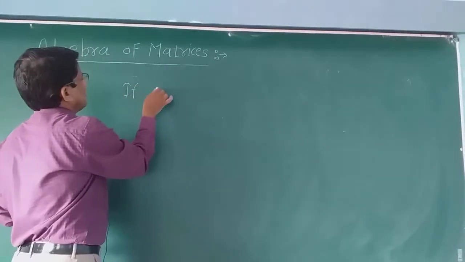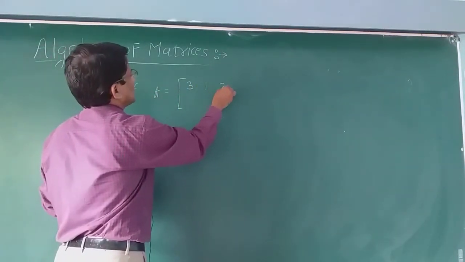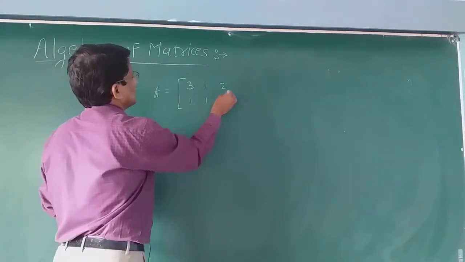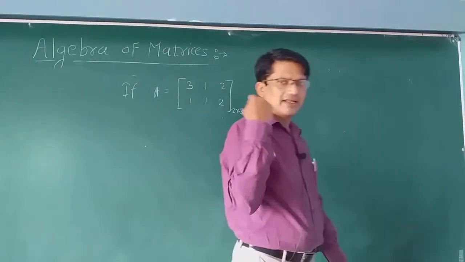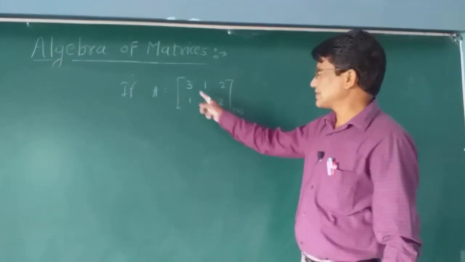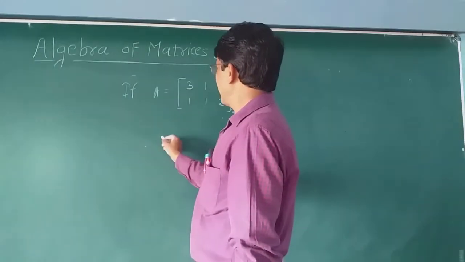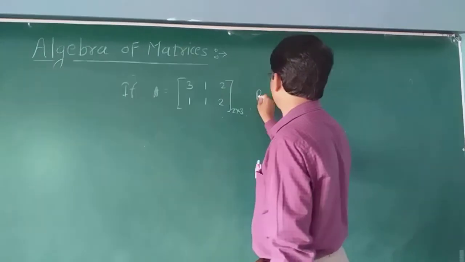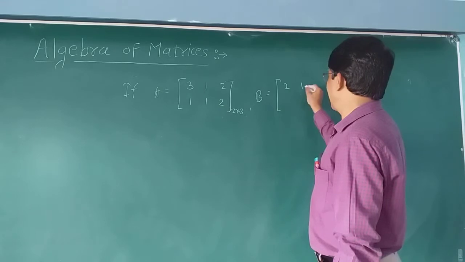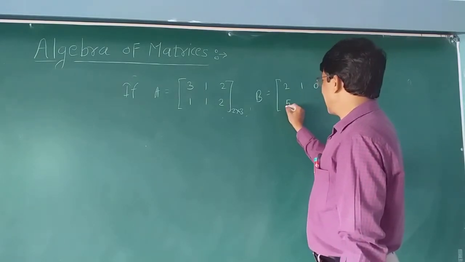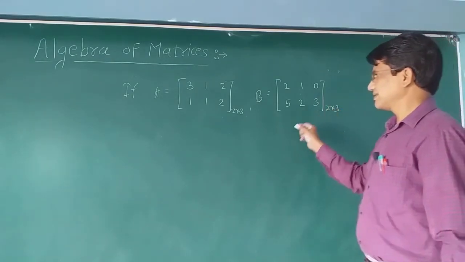If a matrix A is given, 3, 1, 2, 1, 1, 2, order 2 by 3: 2 rows, columns are 3. B matrix here: 2, 1, 0, 5, 2, 3, order 2 by 3. Then find.